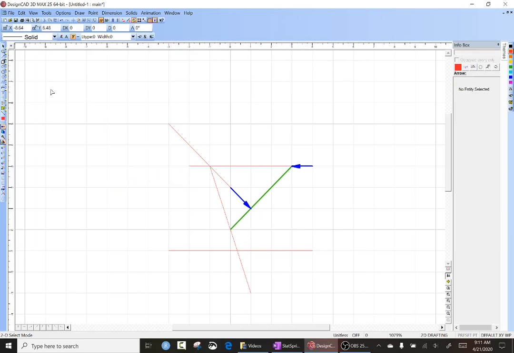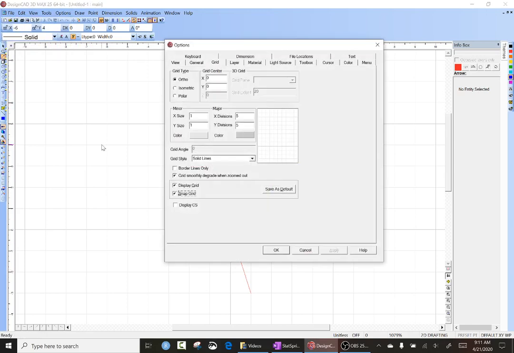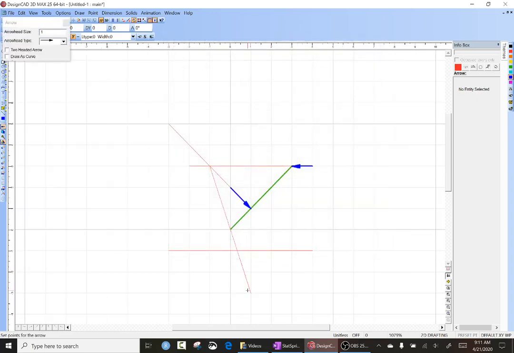So I know that this force down on the base member here has to be in this direction. But that's definitely not its magnitude.